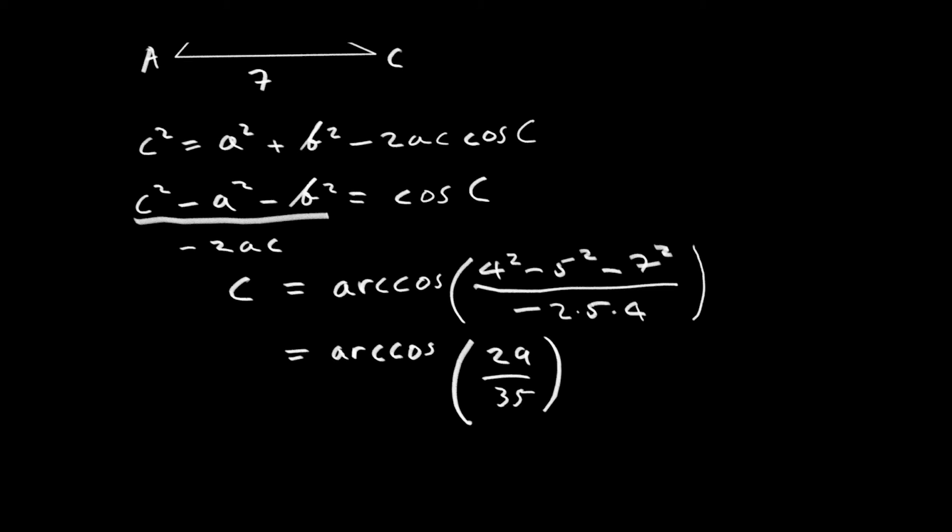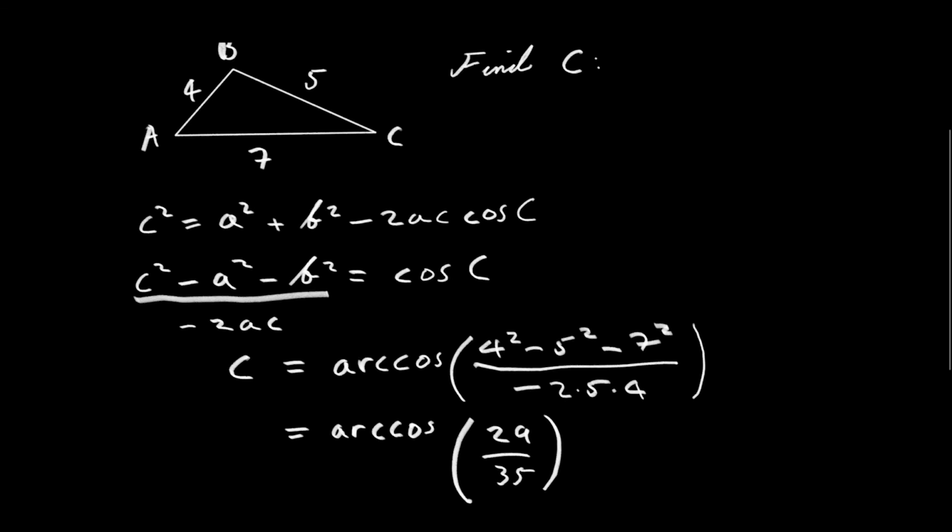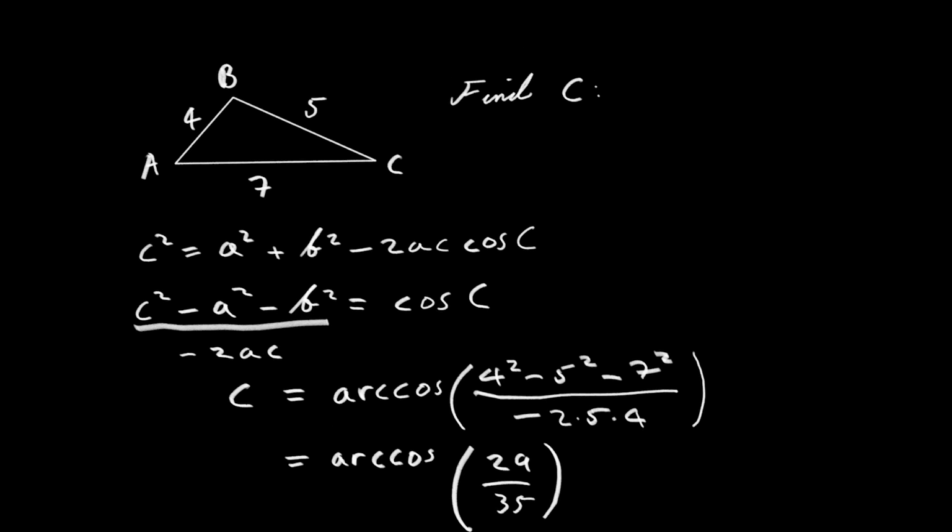Now, I'm going to do some more examples with this triangle, but we should note here that since we know all three side lengths, we could do exactly what we've done to find the angles A and B. So we could find this angle and that angle. In fact, once we've found one of the other angles, just subtract them both from 180 degrees, or pi radians if you're working in radians, and that would get you the third angle.